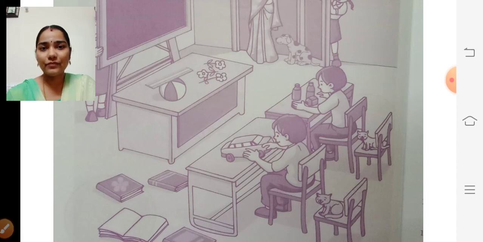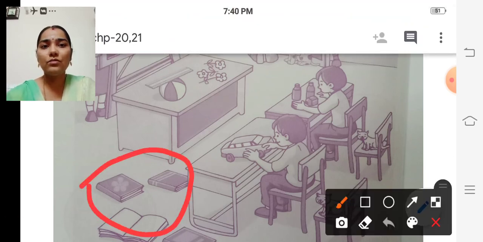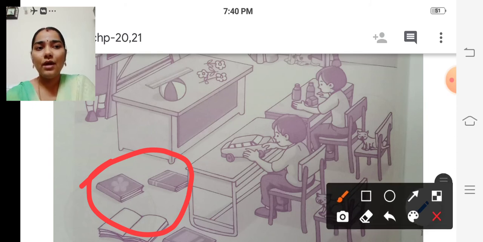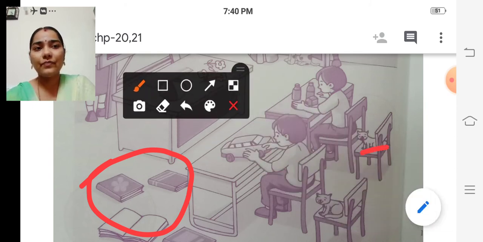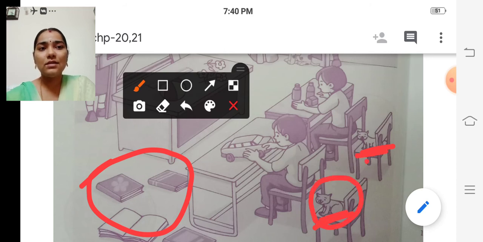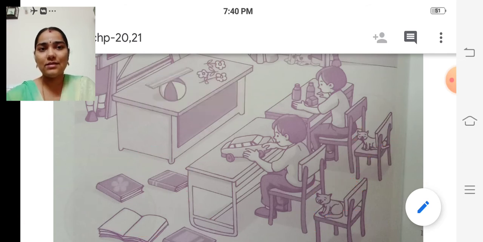Some books were on the floor. And 2 cats were sitting on the chairs.